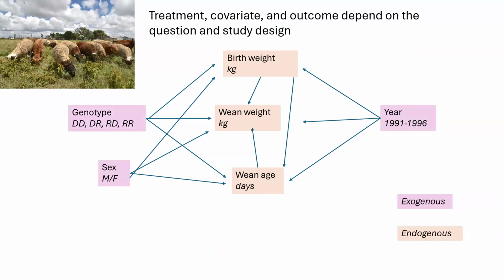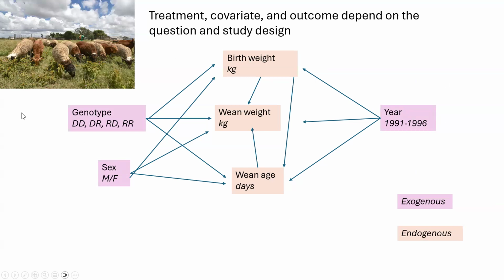A few topics that I want to point out. One is that this concept of which variables are treatment versus covariate versus outcome really depends on the design of the study and the question that you're interested in. Another way of distinguishing variables that's used in graph theory is exogenous versus endogenous, or in experimental design terms, we might call genotype, sex, and year independent variables.